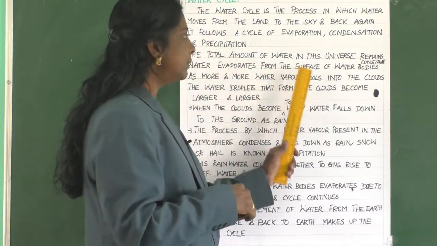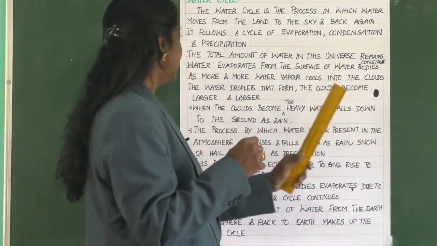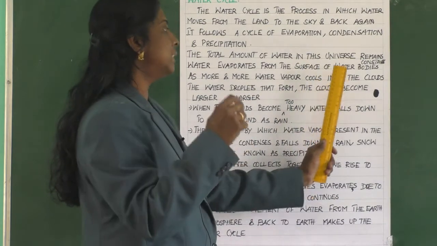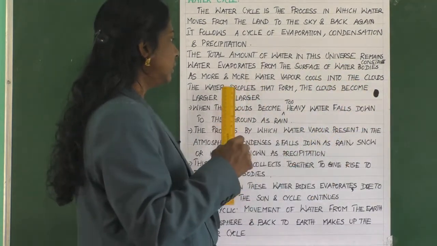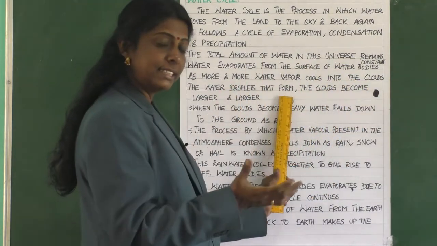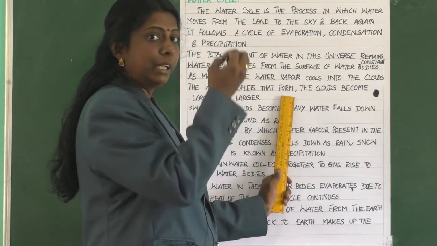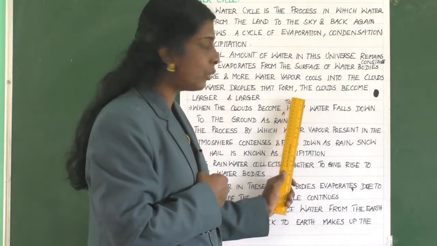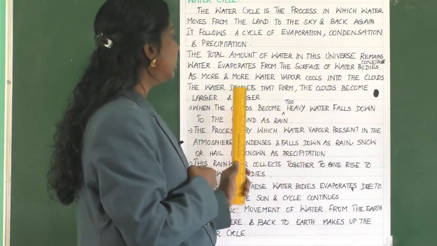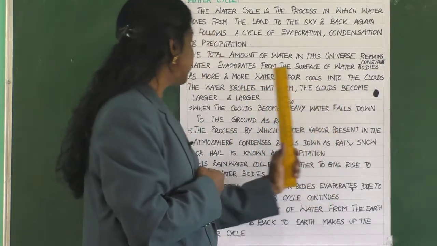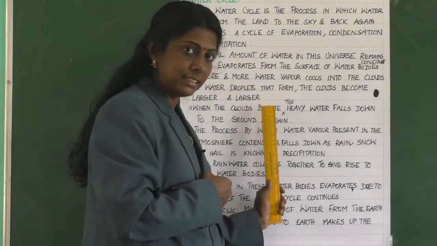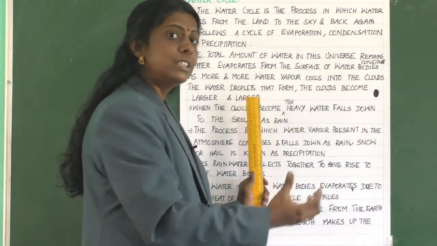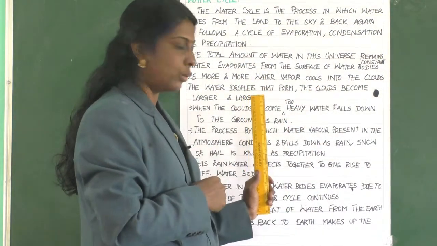So it gets evaporated and it is stored in the form of clouds. The water droplets that form the clouds become larger and larger. So however much water is getting evaporated, that is stored in the form of clouds.